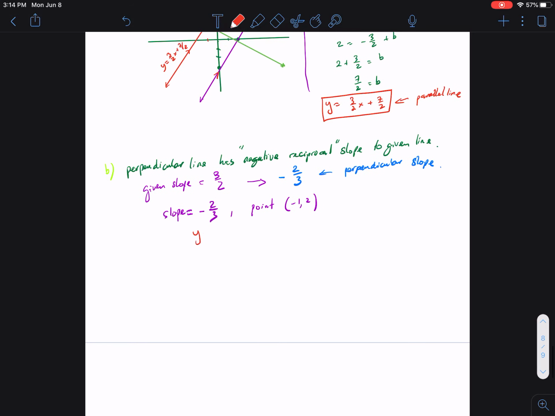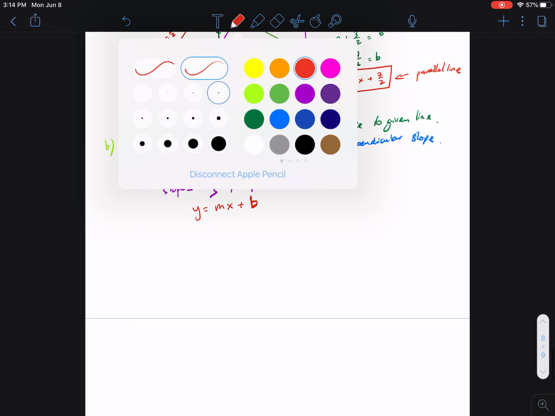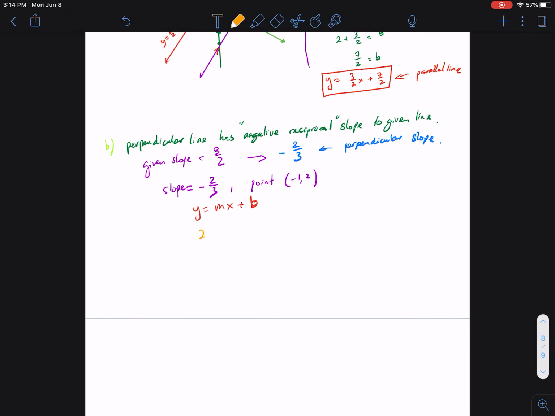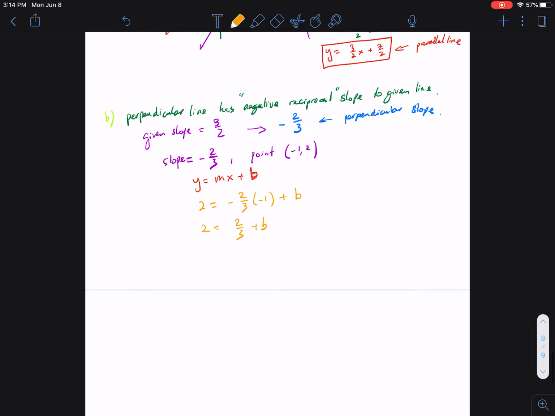Using the mx plus b form again, let's plug in the point and the slope. So 2 equals -2/3 times x, which is -1, plus b. So that's 2 equals 2/3 plus b. Subtract 2/3 from the other side, so b is 6/3 minus 2/3, which is 4/3.